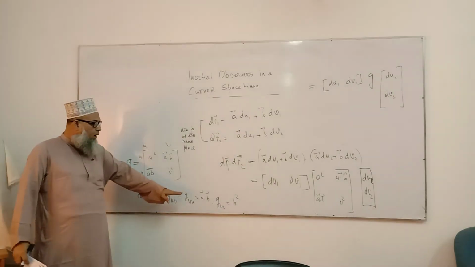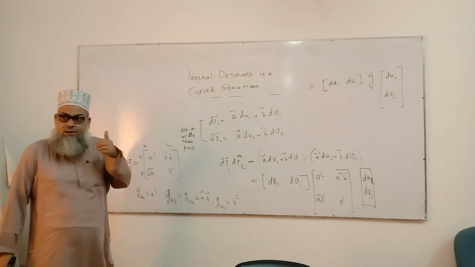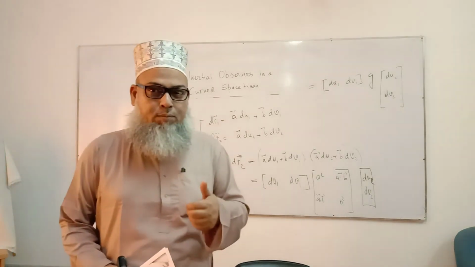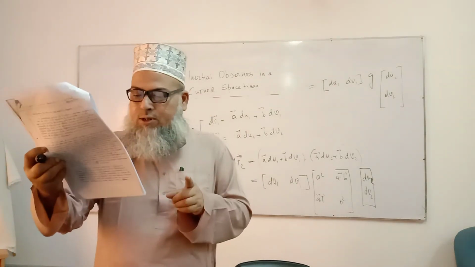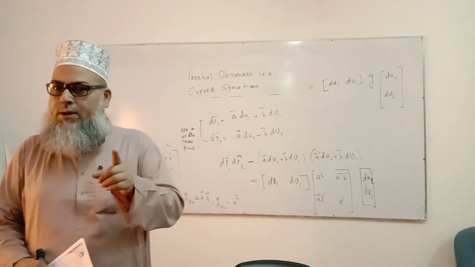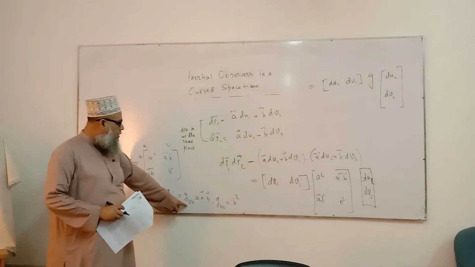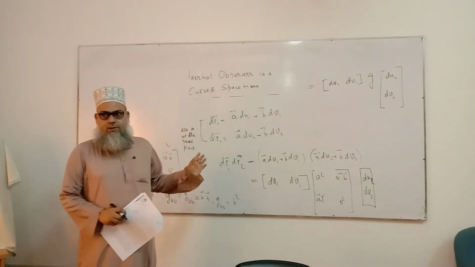These are the components of G, and G is called the metric tensor at the point P.